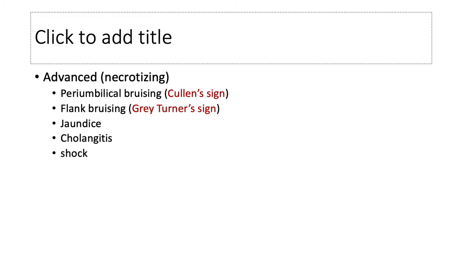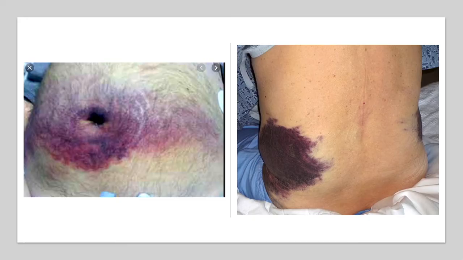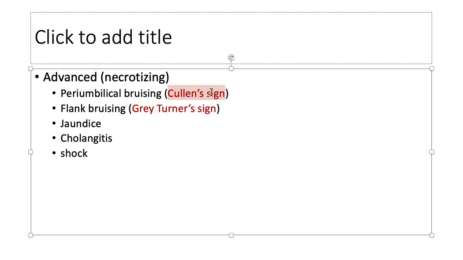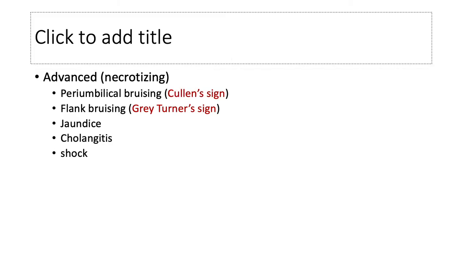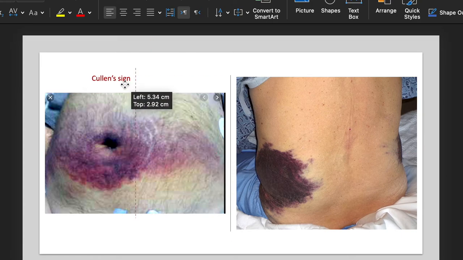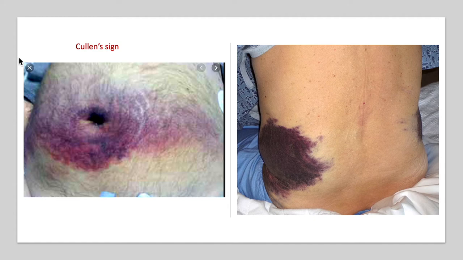Okay, so this is Cullen, this is periumbilical bruising. So what does it signify? I mean, if you see this picture, it tells you that there is bleeding, okay? So it's bleeding within the peritoneum, while Grey Turner sign is the retroperitoneal bleeding, okay?